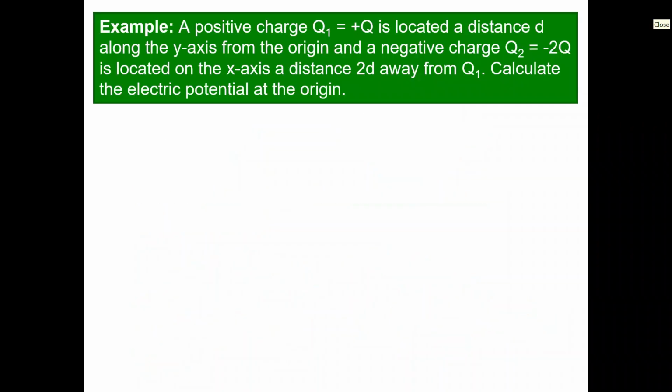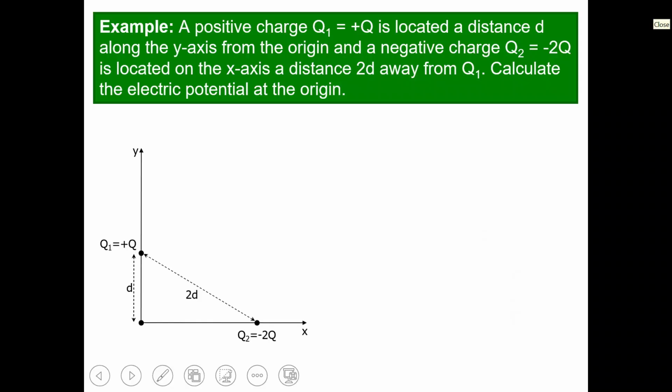All right, so here is a similar example to one that we had already worked in terms of using Coulomb's law. We have a positive charge Q1 located at distance d along the y-axis from the origin, and now we just have a negative charge Q2 located on the x-axis a distance 2d away from Q1. We want to calculate the electric potential at the origin. This is a little different than before, because in the other one we had 3 charges.